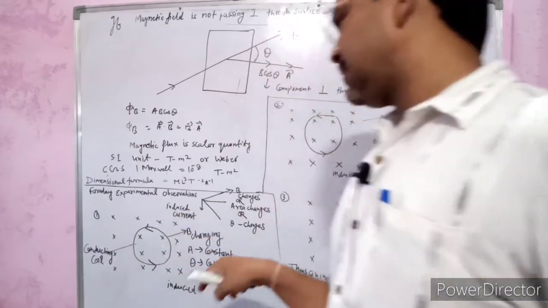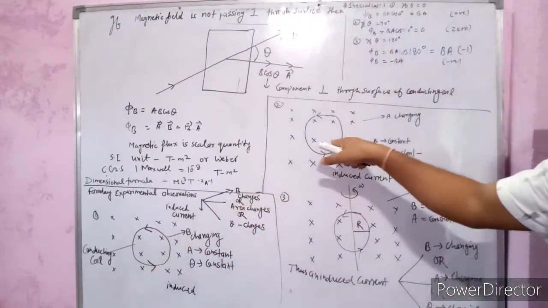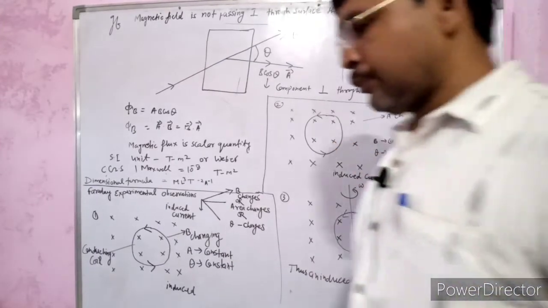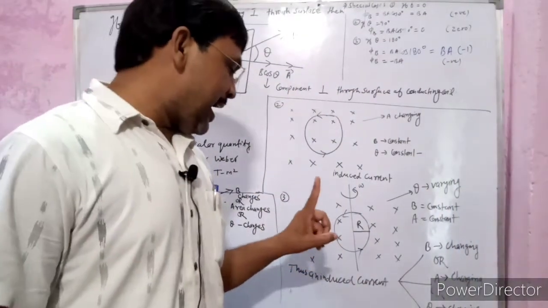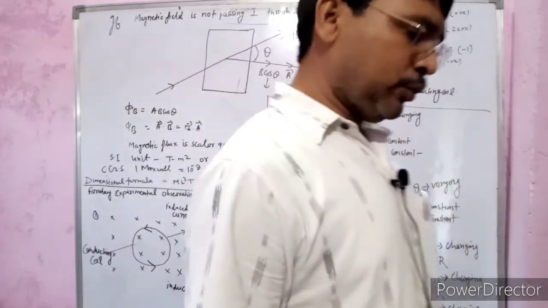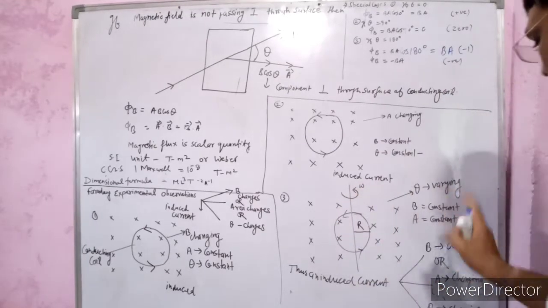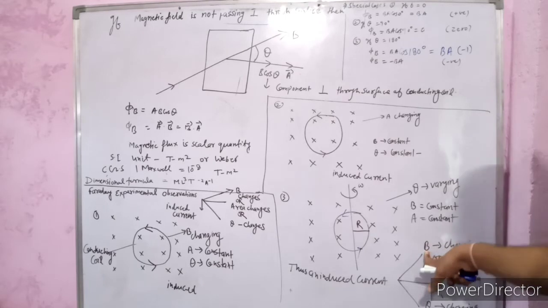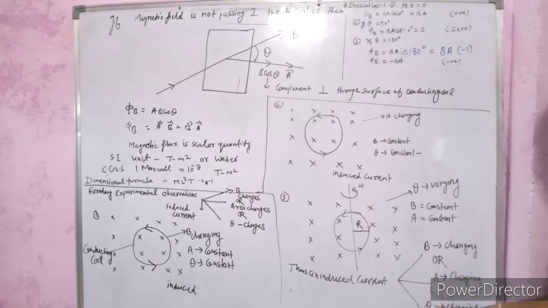The usual direction is shown here as anti-clockwise, also here anti-clockwise, and the third one is also an anti-clockwise current. So thus I conclude three cases: an induced current is produced due to a change in magnetic flux enclosed through the coil by changing the magnetic field B, or area A, or angle theta.